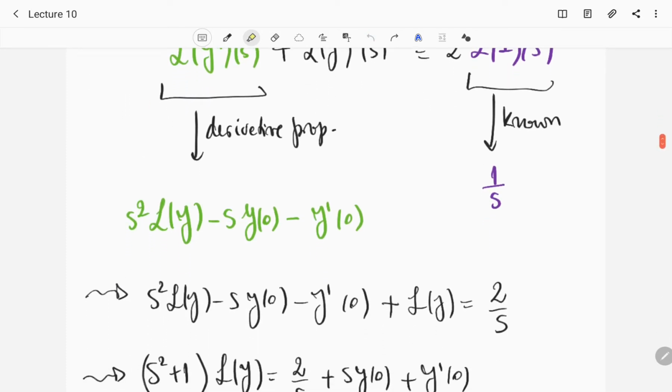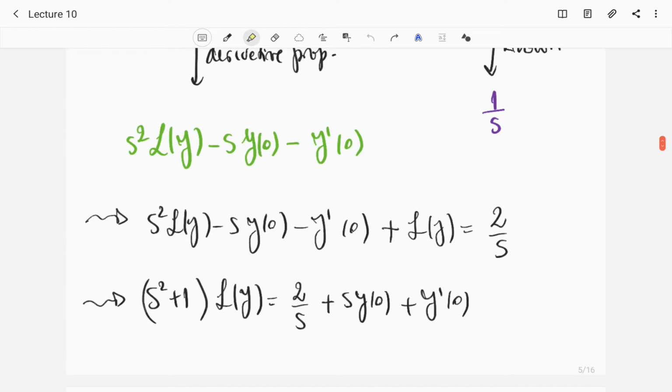So, putting this information together, we get this expression, and now, if you observe, the only Laplace transform that is around in this expression is the Laplace transform of y. So we try to get an expression for that, meaning that we put together these two terms. That's why we have this s squared plus 1 times the Laplace transform of y here. And then we can put these terms on the other side of the identity.